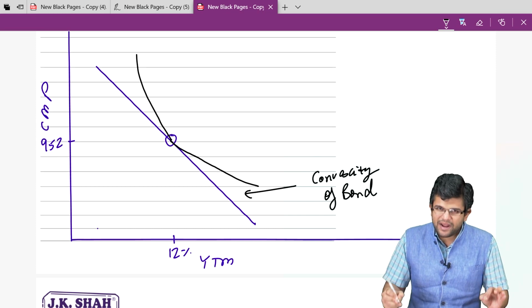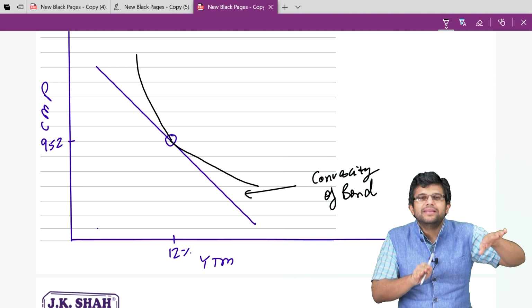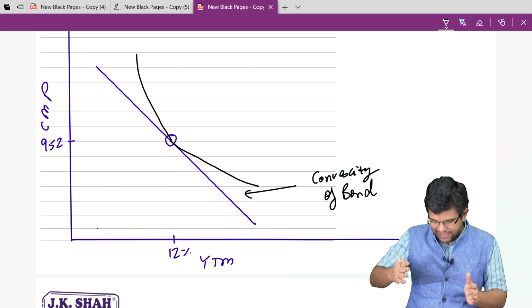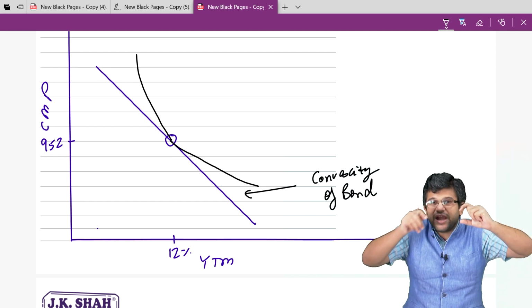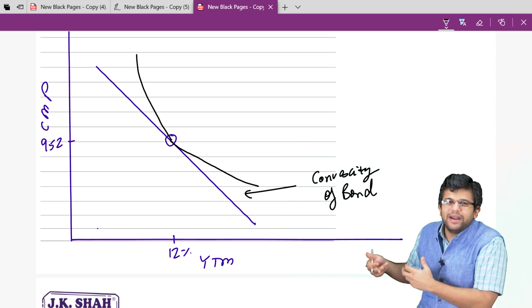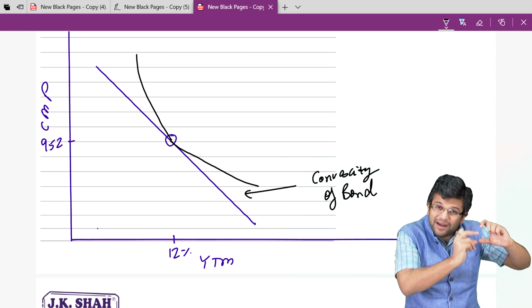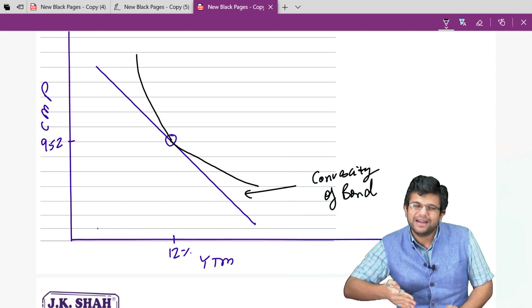Had the volatility been fixed or constant, then, children, the line would have been linear. The black line would have been as straight as the blue line. But because that volatility includes YTM, the variable, with every change in YTM, the volatility is also changing, which is why, children, the reality is slightly different from that.